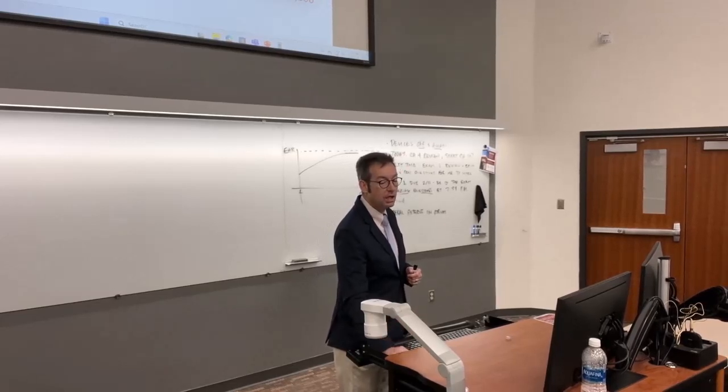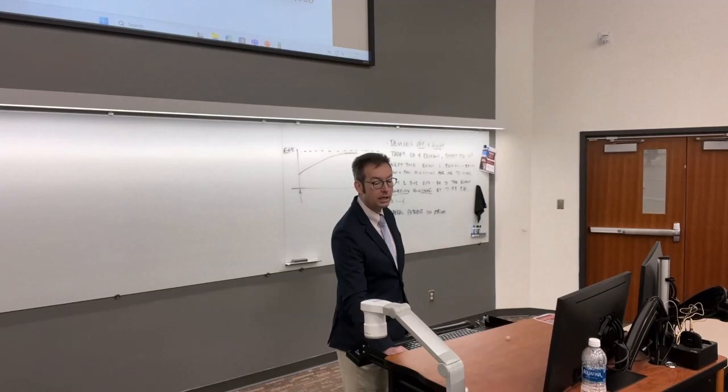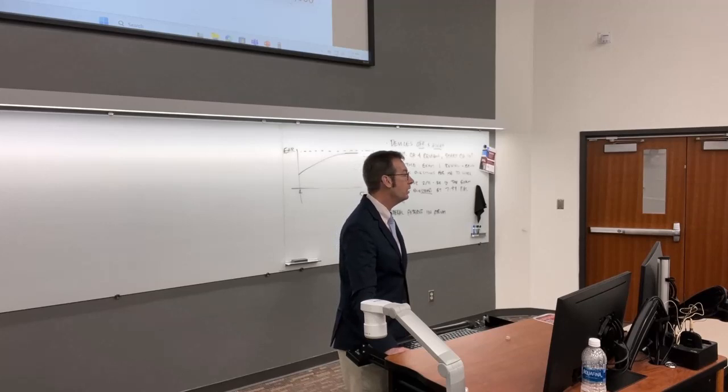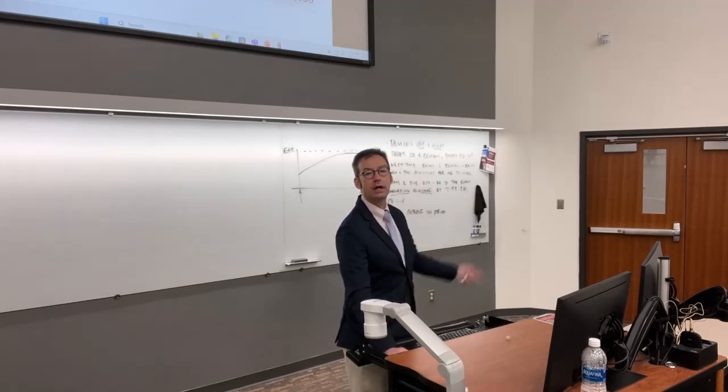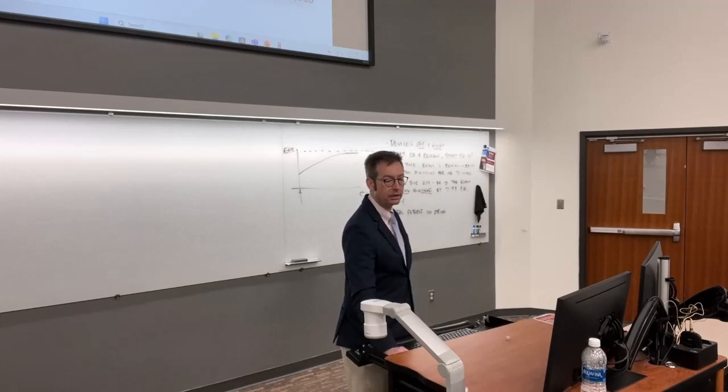Now, how could I have fooled my calculator into giving me that same number? It's a little more difficult. First of all, I'm going to say second future value, clear up my time value of money. I'm going to put in C01 or C1 as 1,000 as my payment. And then for I per Y, I'm going to put in R minus G. What's 10 minus 5? 5, very good.